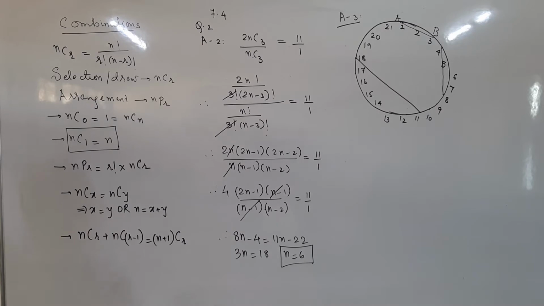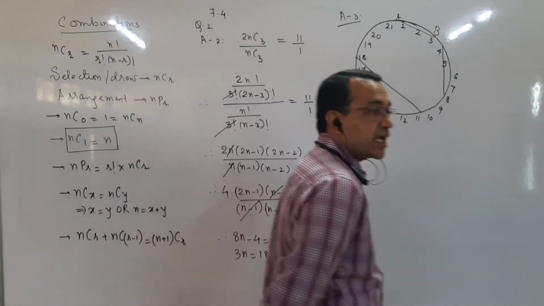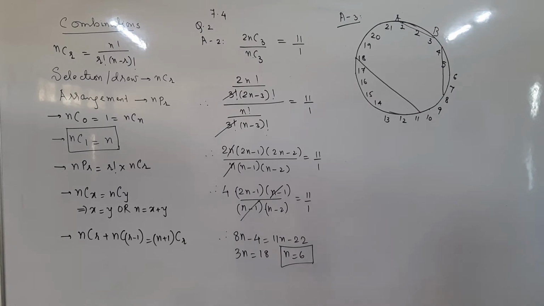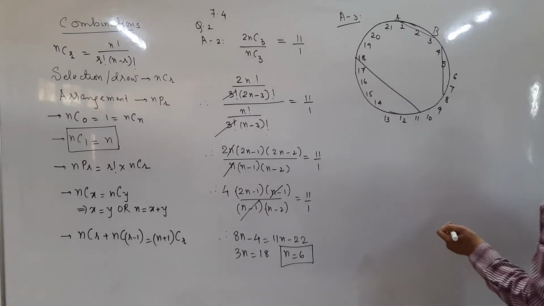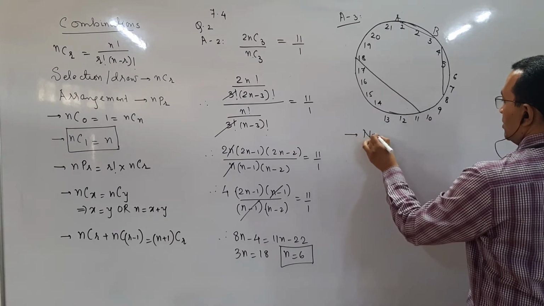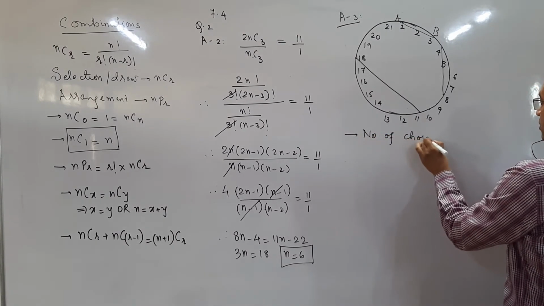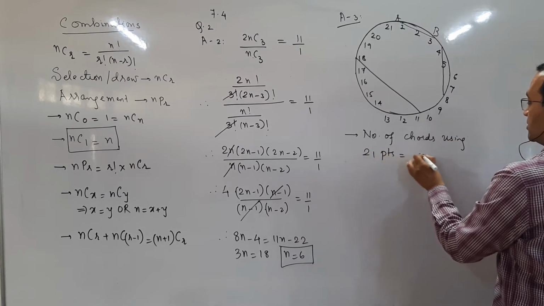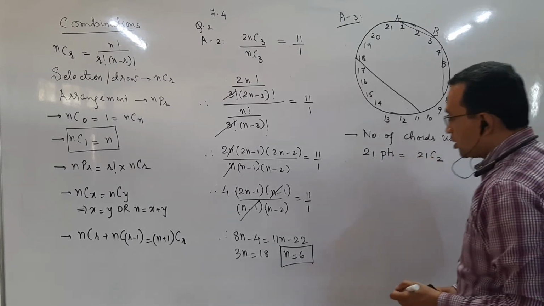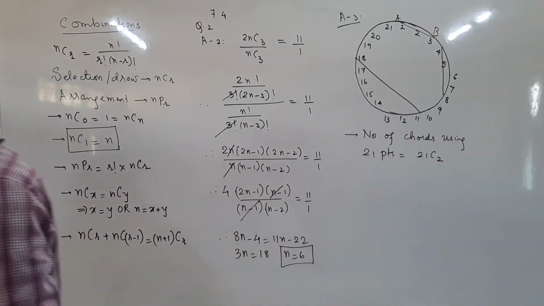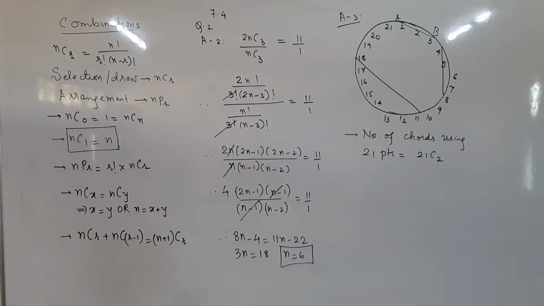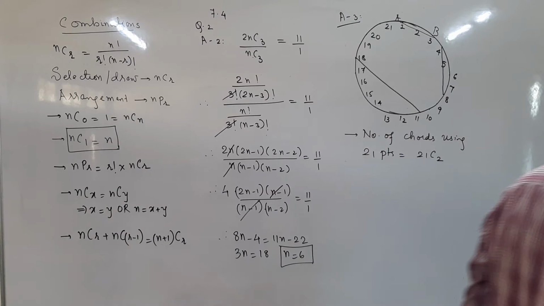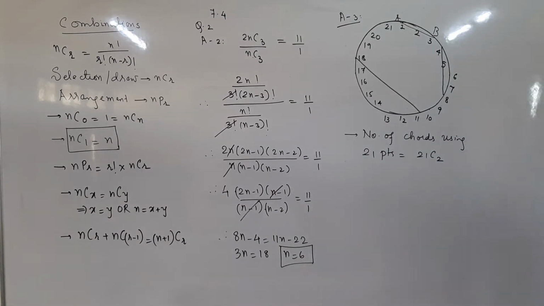So the number of chords indirectly means selection of 2 points out of 21. So the number of chords using 21 points is nothing but 21C2, because at a time from 21 distinct points to form a chord, we need only 2 points.